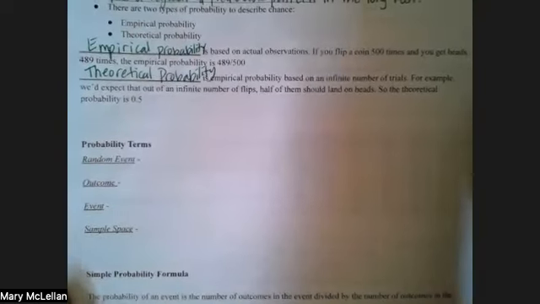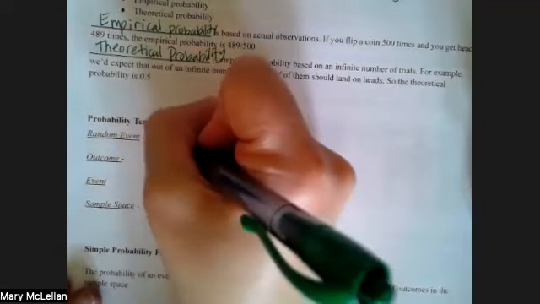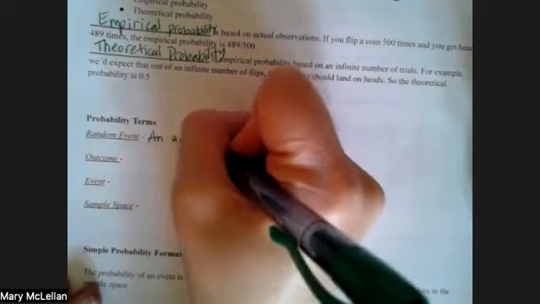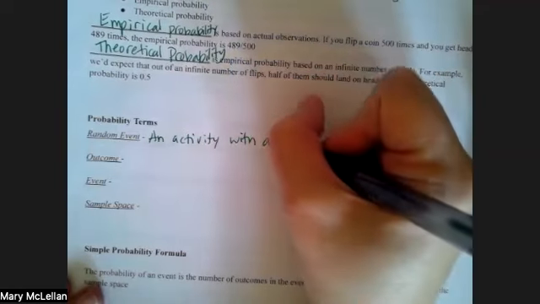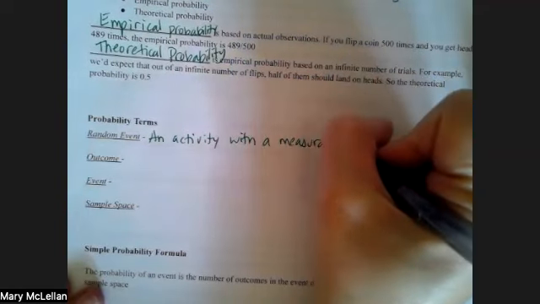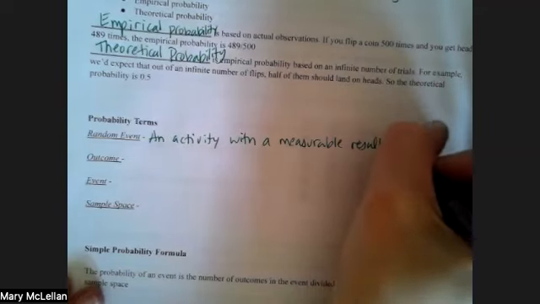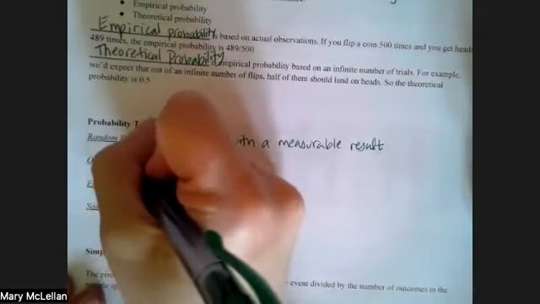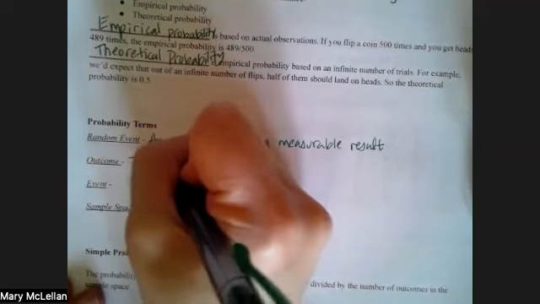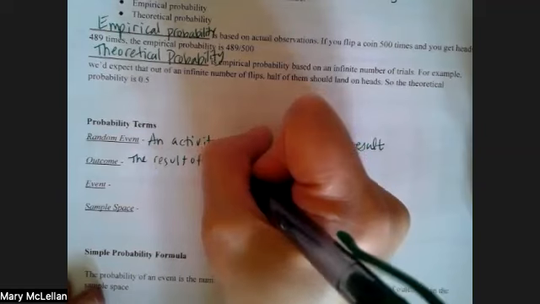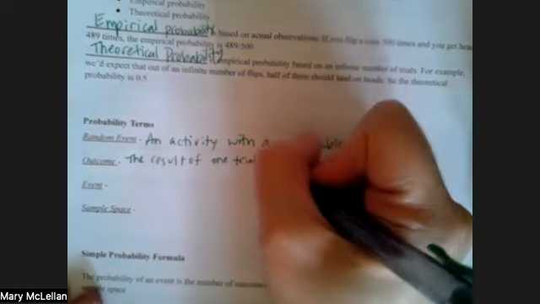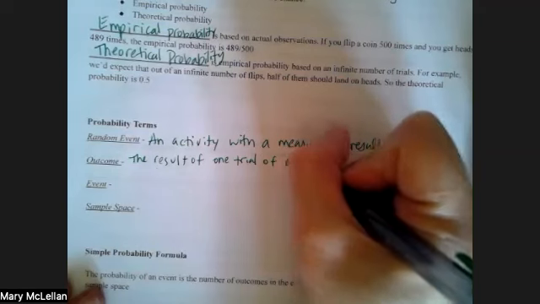Let's look at some probability terms. These are all terms we learned earlier in the year. Random event. That's an activity with some measurable result. Outcome. That's the result of one trial of one random event.